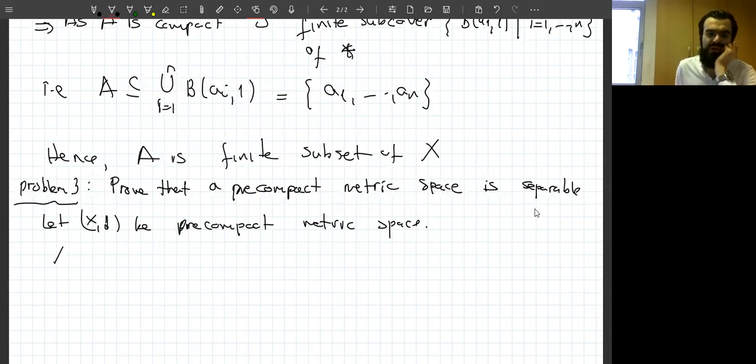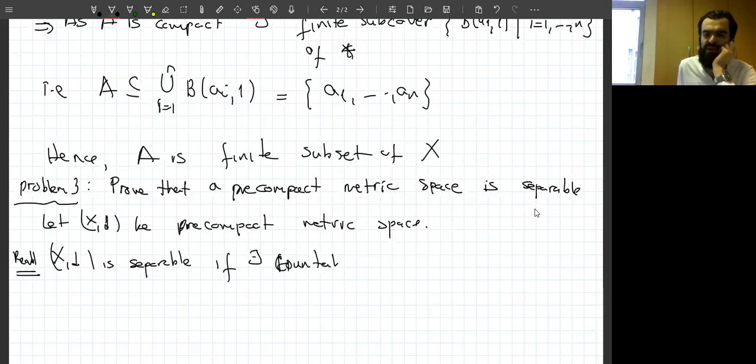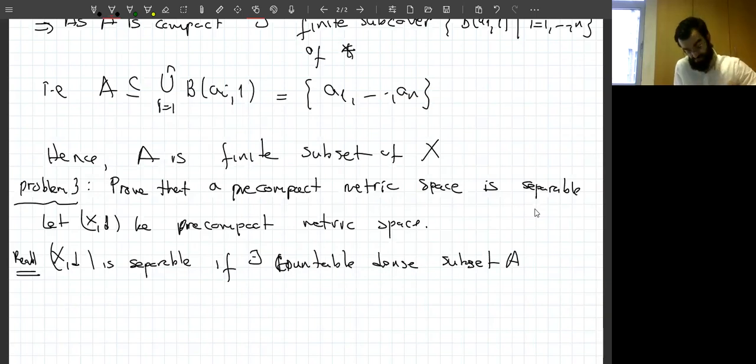So recall, X is separable if there exists a countable dense subset A of X. Okay? So we need to construct this A.